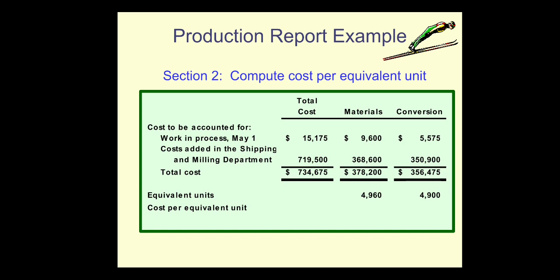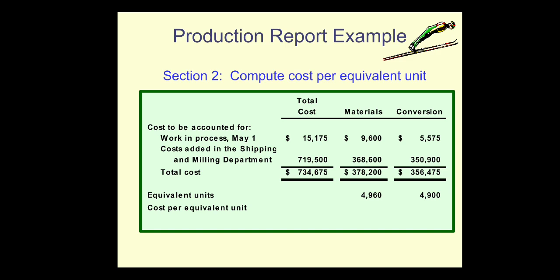So how to do that? Very easy. First, you have to calculate total cost related to the month of May. So total cost related to the month of May is, first, you see, work in process at 1st of May.